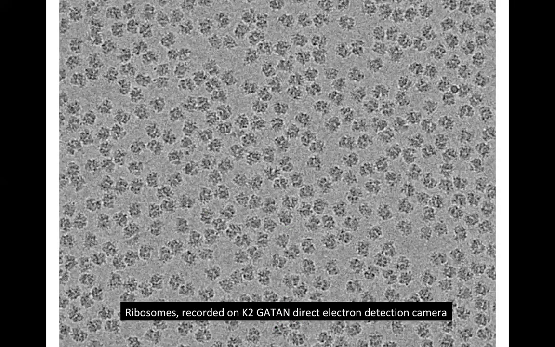And here you can see the drastic comparison with the pictures that I showed you before. It shows you the crispness and the higher resolution, higher signal-to-noise ratio of these ribosomes.